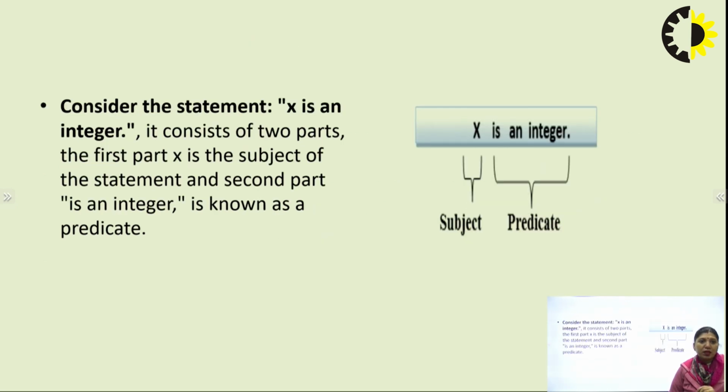Fine. Here is the pictorial representation of a subject and a predicate. Consider the statement x is an integer. It consists of two parts. The first part, x, is the subject of the statement, because we are talking about x, so definitely x is the subject.